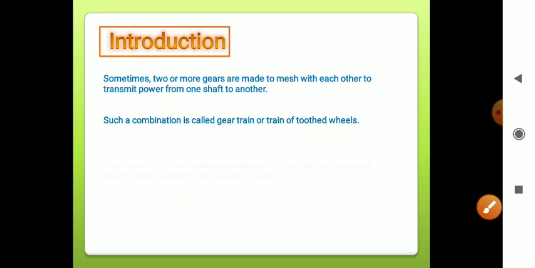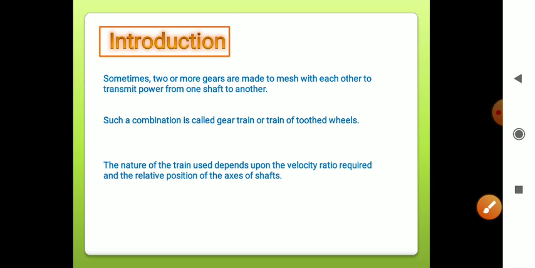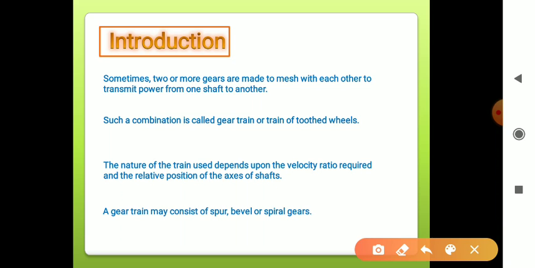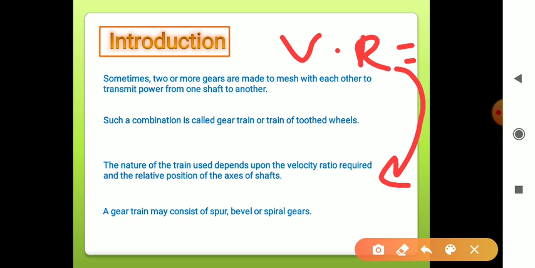The nature of the train used depends upon the velocity ratio required and the relative position of the axes of the shafts. That means, depending upon the velocity ratio we require, we can adjust the gear train.